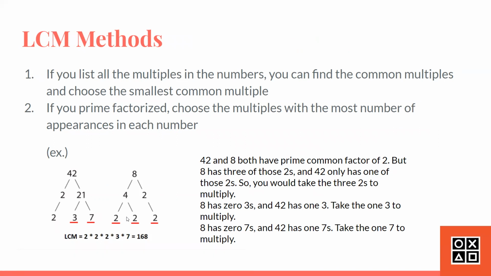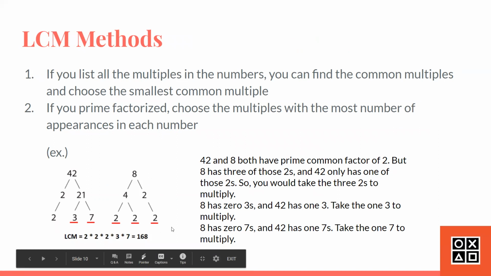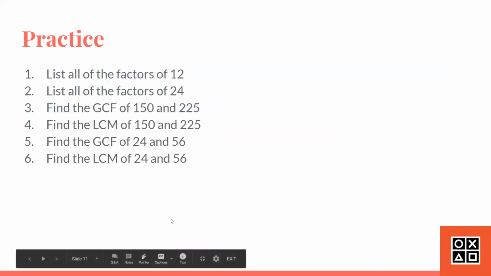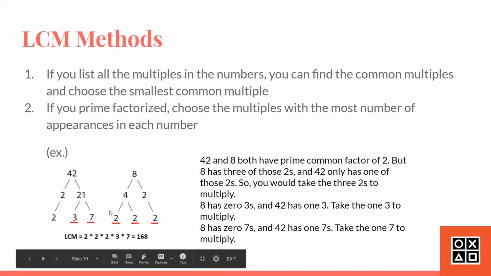So you would take the three 2s to multiply, not this single 2. So you would use 2 times 2 times 2, times 3, because there's only one appearance of 3, and 7. That gives you 168.